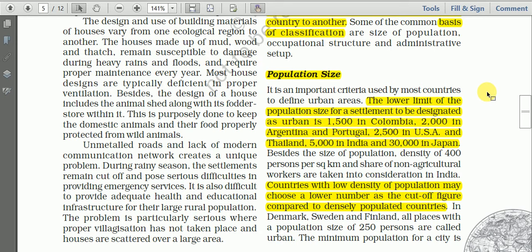As I told you, there is no consensus on what exactly defines a town or village. So you have to remember that point. The definition of cities and towns varies from place to place. That point you have to remember.